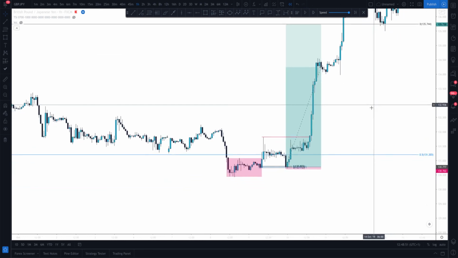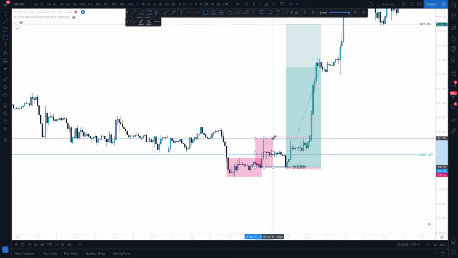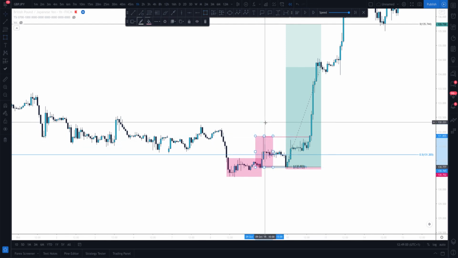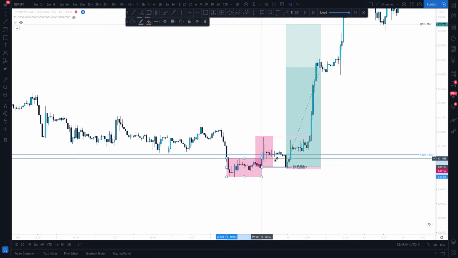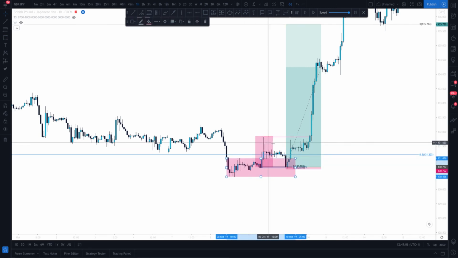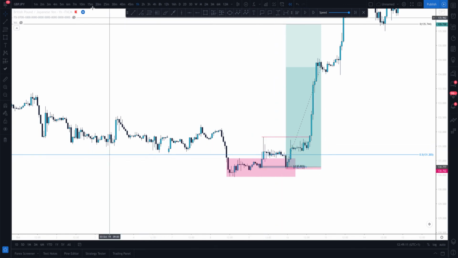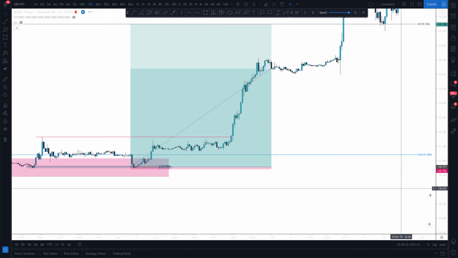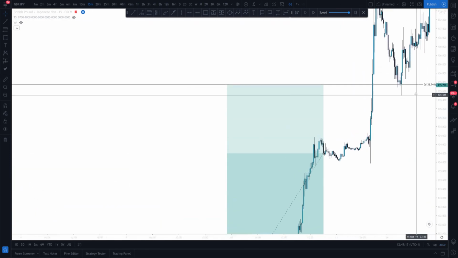I knew that price was consolidating, and once it broke out, like we saw here, we waited for price to come back into this consolidation region before taking our position. So once price came back down, we saw that it was going to come to the 50%.